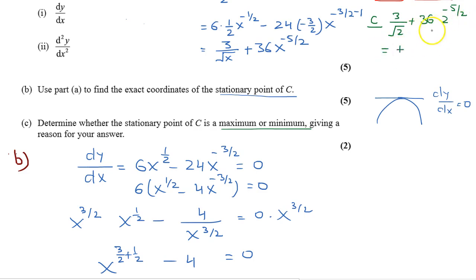This is a positive number and this is a positive number, so it means d2y over dx square is greater than 0. So greater than 0 means this point is a minimum point. Actually this graph is like this, a minimum point.